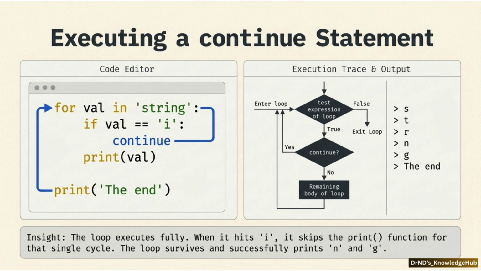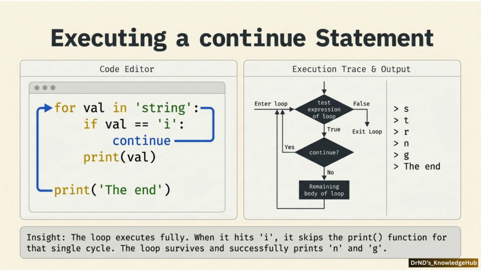Let's see another example. See the code here in the slide. Again, the loop starts with S, T and R. These letters are printed. When Python reaches I, the continue statement executes. Instead of ending the loop, Python skips only the print statement for this iteration.